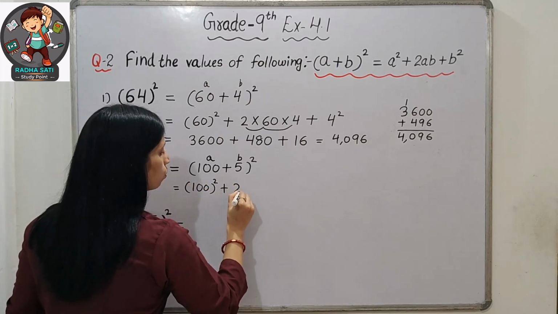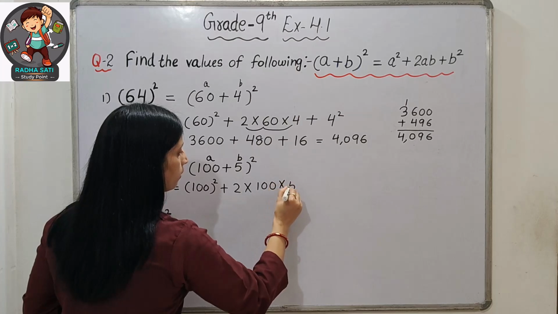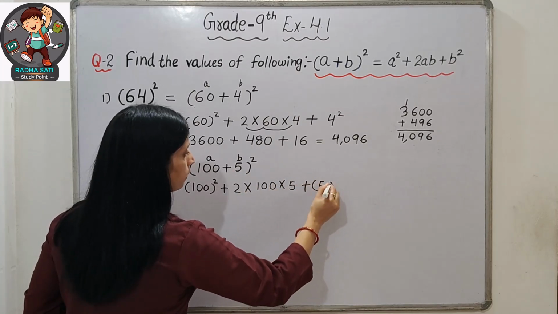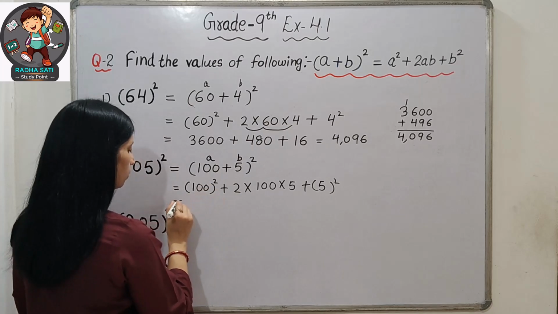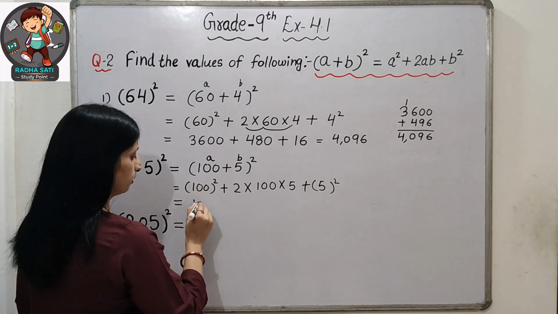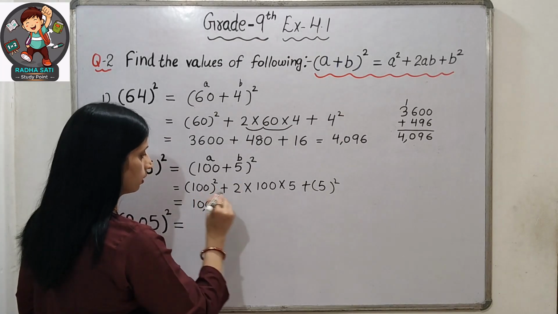plus 2a and b is 5, plus, now the last is b square, that is 5 square. Now let's solve it. 100 square will be 10,000. There are 2 zeros, so in the square there will come 4 zeros.